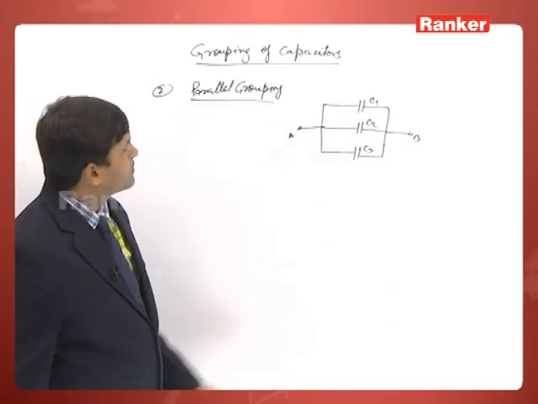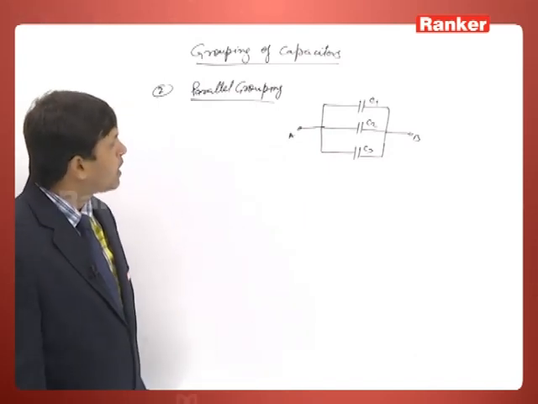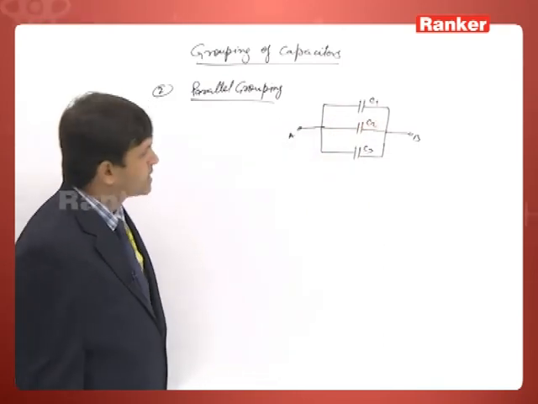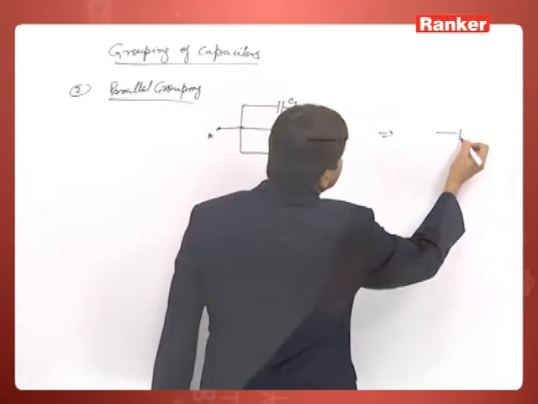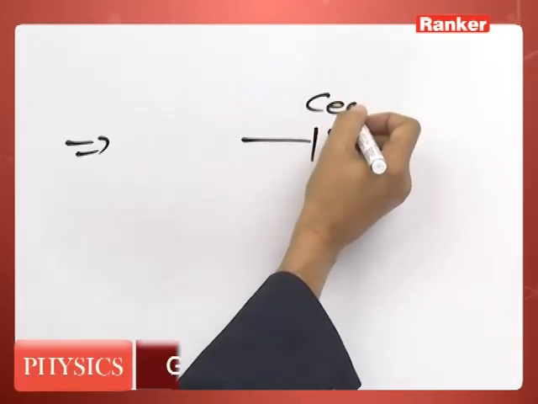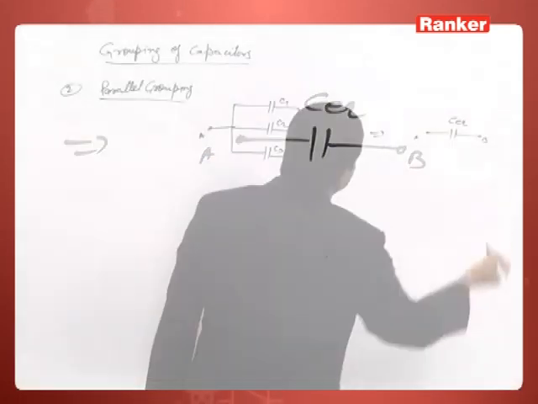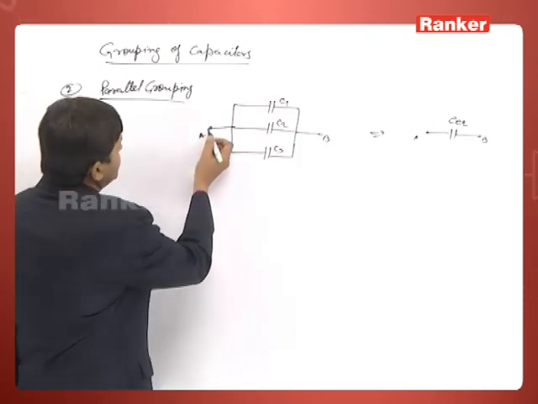In parallel grouping, either all the capacitors are connected across the same points, or the potential difference across the capacitors is the same. Here again I want to replace all these three with a single capacitor of capacitance C equivalent. Same method.